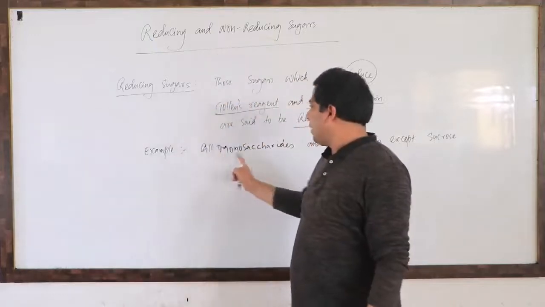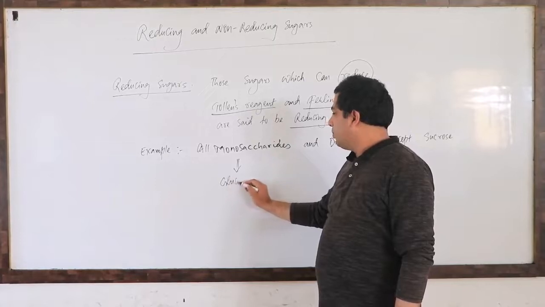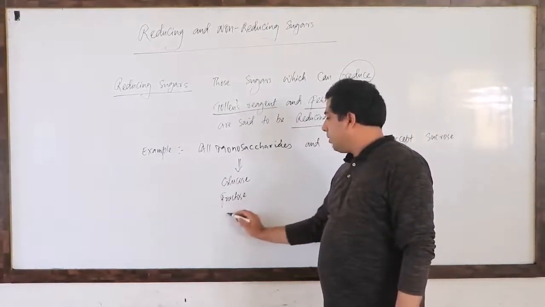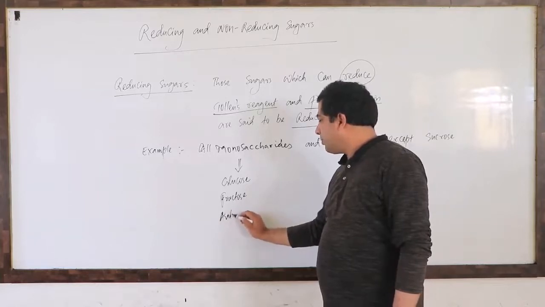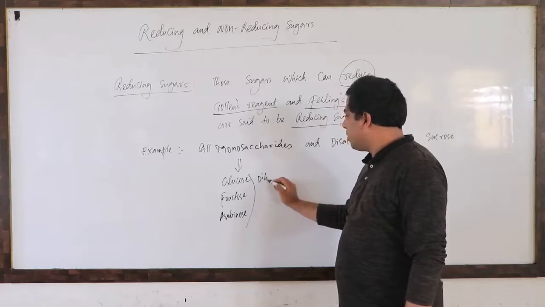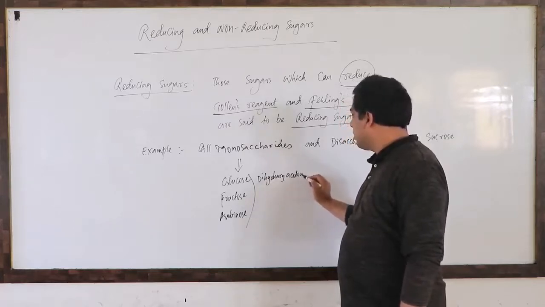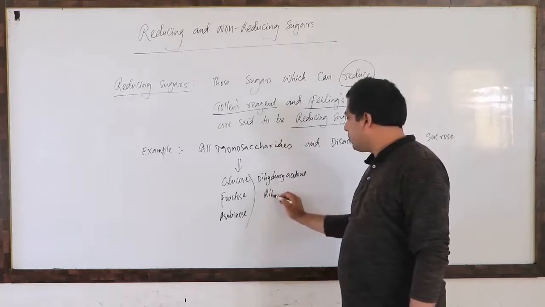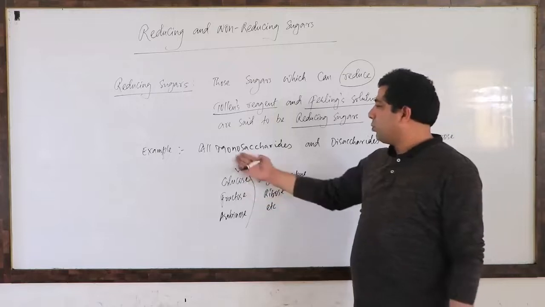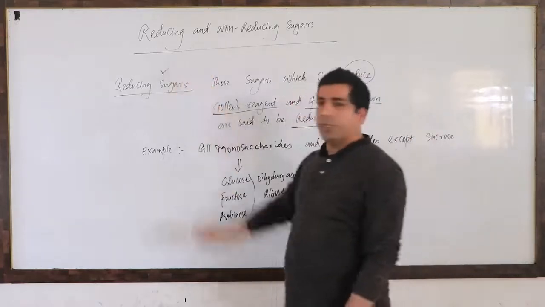All monosaccharides, like glucose, fructose, arabinose, dihydroxyacetone, ribose, and many more, are basically our reducing sugars.